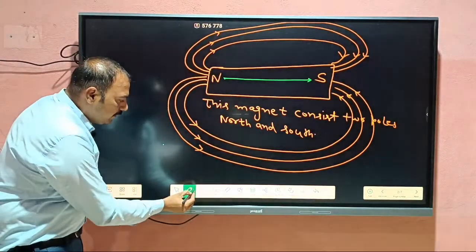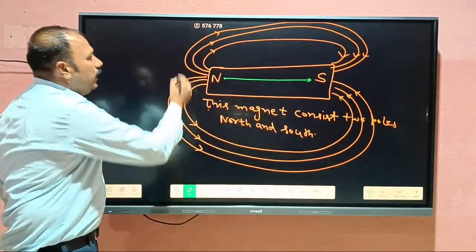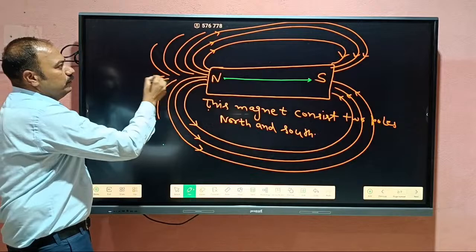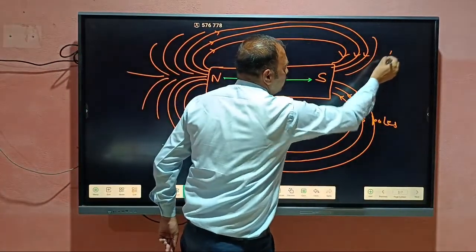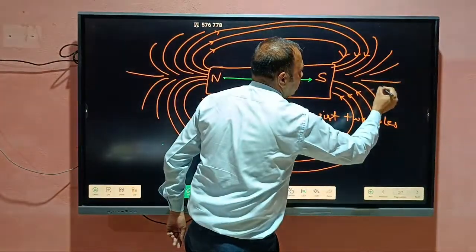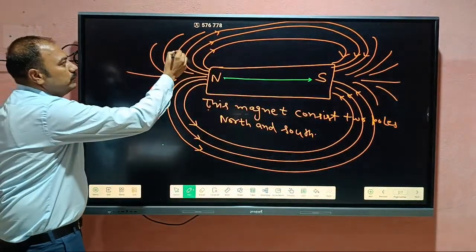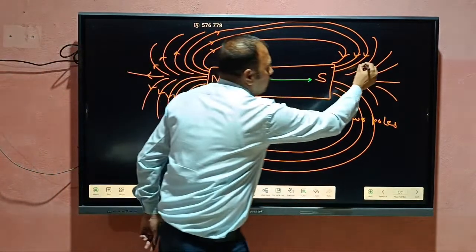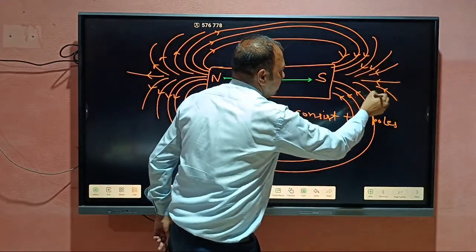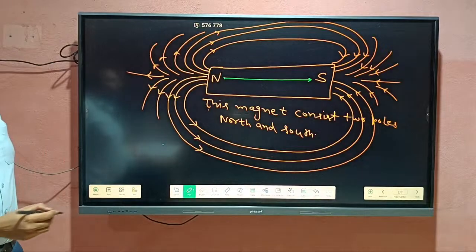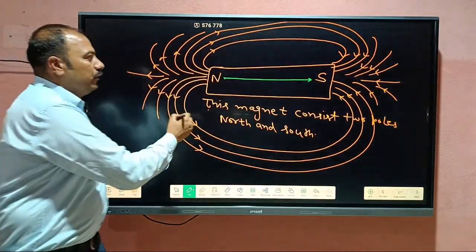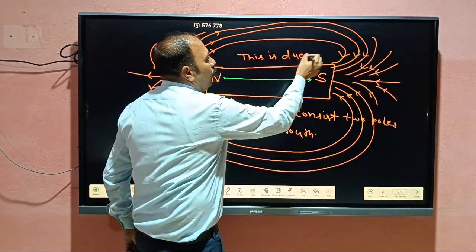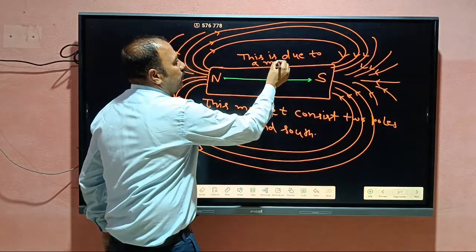So there are many lines present, and this is the complete diagram of the magnetic field lines due to a magnet.